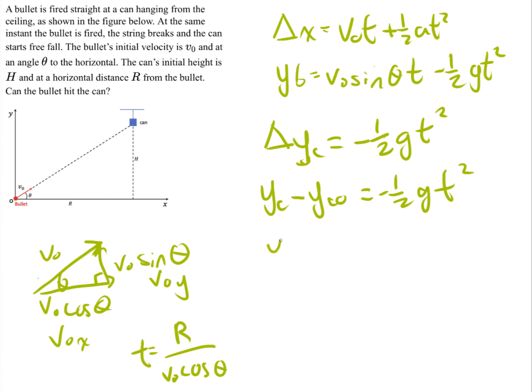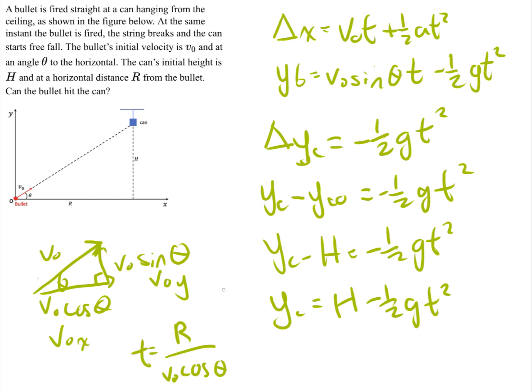And the initial y position of the can is simply its height, since it starts at a height h above the ground. So this becomes, let's see, y minus h is equal to negative 1/2 gt squared. So the position of the can at any given moment is the height minus 1/2 gt squared.